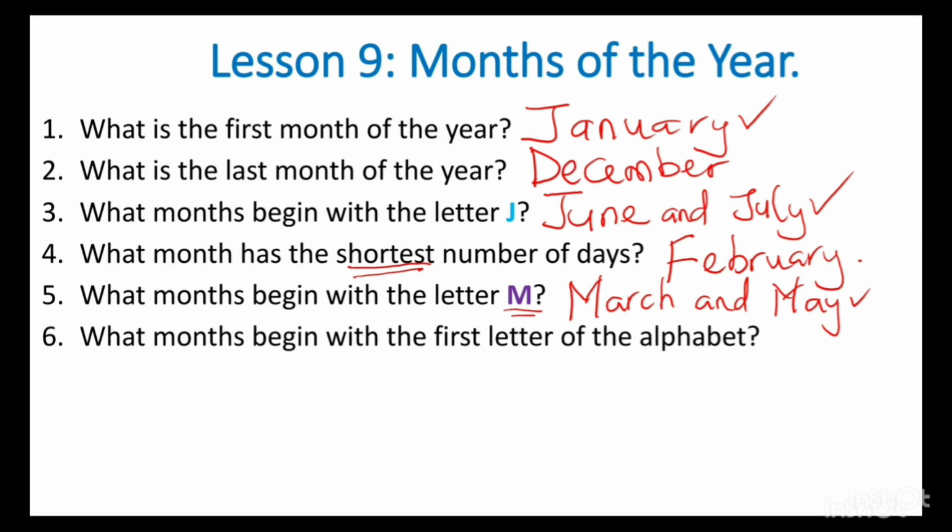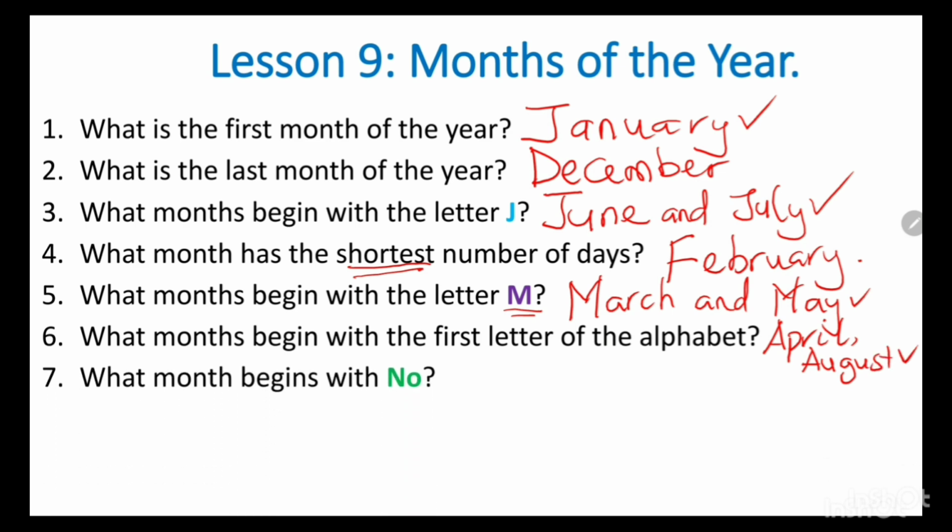What months begin with the first letter of the alphabet? And what is the first letter of the alphabet? A. Okay? Now, there are 2 months that begin with the letter A. The first one is April. And the other one is August. Did you get that right?